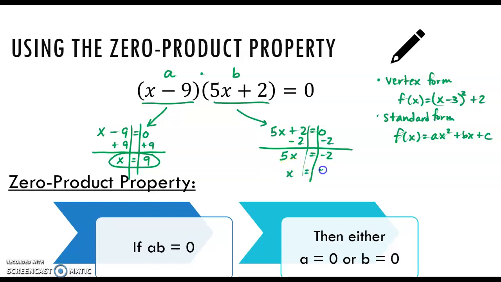So x equals negative 2/5. I don't know exactly what this quadratic equation looks like, but I do know that it has x-intercepts at 9 and at negative 2/5.